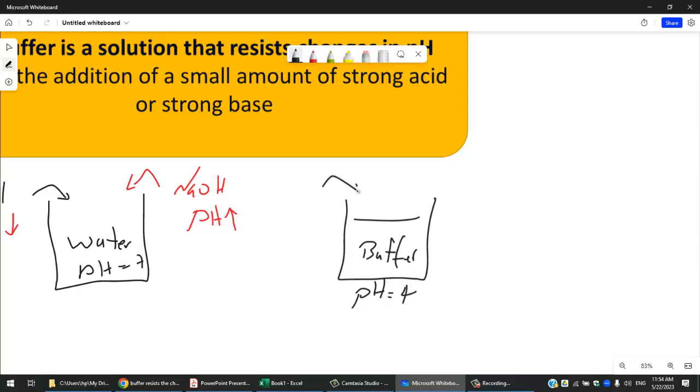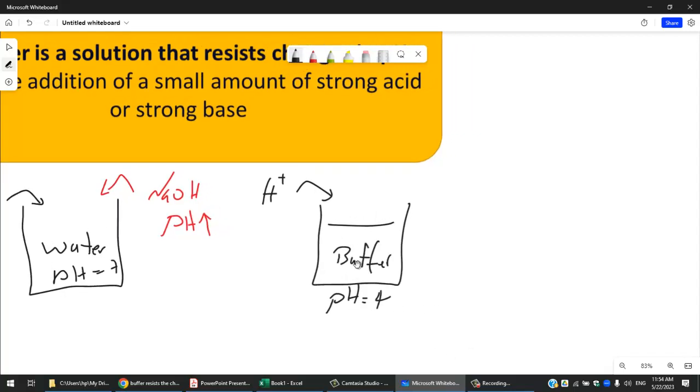Now if you add H+ to this from HCl or a strong acid, the pH wouldn't change that much. It might decrease to 3.8 or 3.9, so that wouldn't affect the pH of the buffer significantly. Same thing if you're adding OH- from an external source, like KOH or NaOH. The pH will remain the same, around 4.